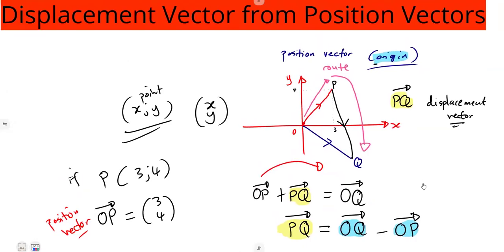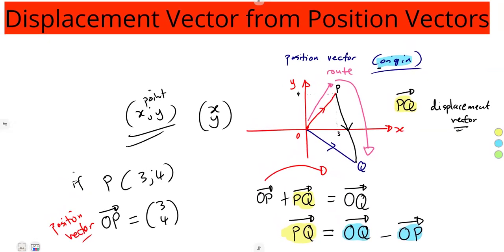If we analyze this formula, PQ is equal to, it was just supposed to be Q minus P, which is OQ minus OP. So take note, the last part here is the one that you're going to start with.